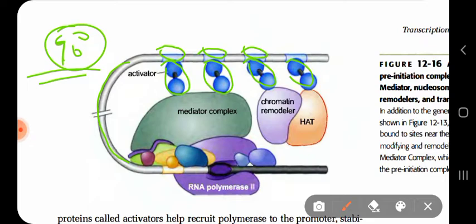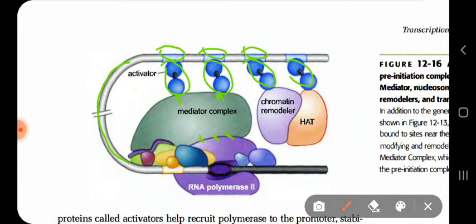Now you can see here that these activators associate with the mediator complex, and that mediator is associated with the RNA polymerase. Specifically, mediator interacts with the tail region of the RNA polymerase too.